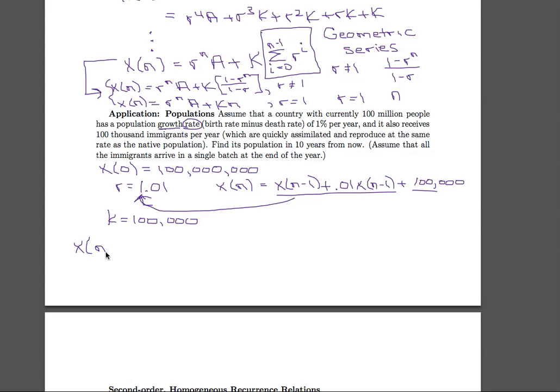So that means x of n is going to be r to the n, so in this case that's 1.01 to the nth power, times that initial value of 100 million, plus k, which is 100,000, times 1 minus r, which is 1.01 to the n, all over 1 minus r.